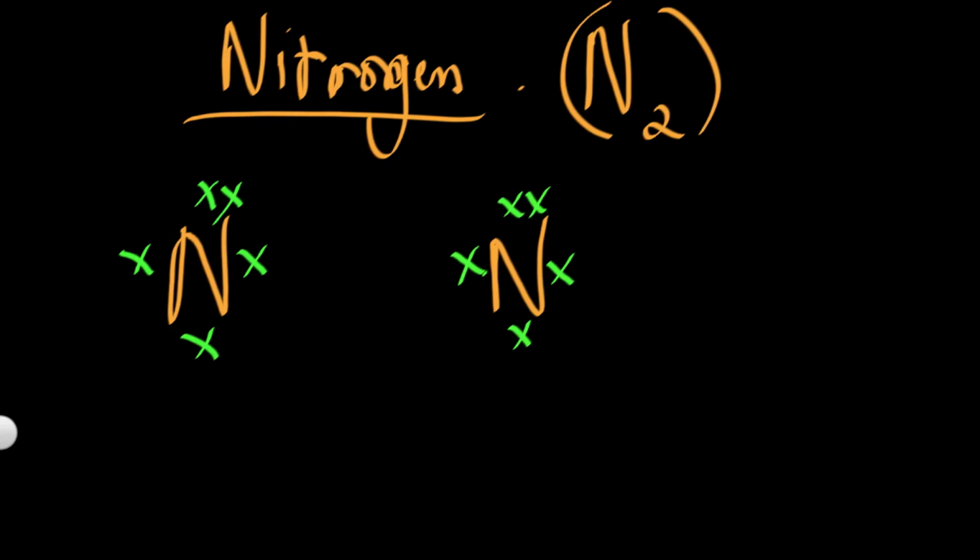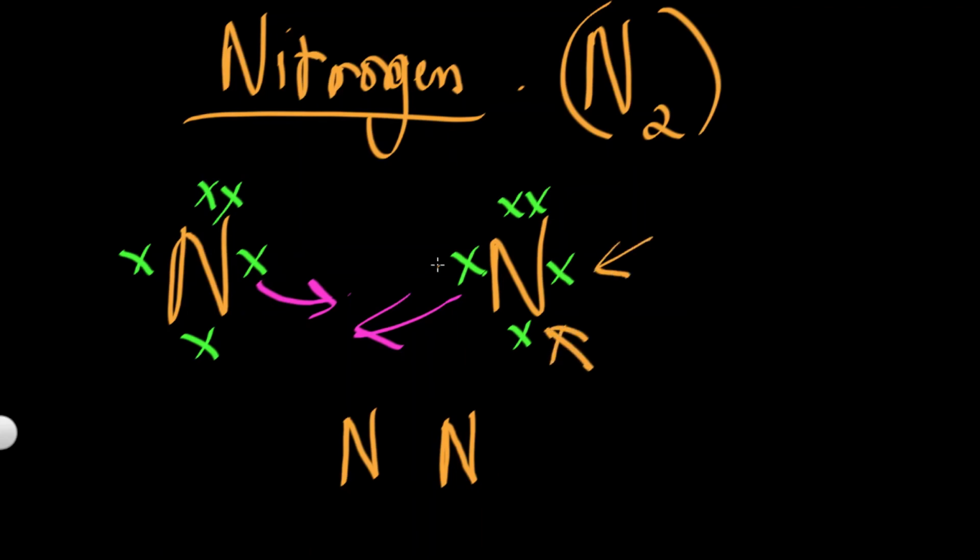Okay, we want stability here. So these two are going to come together and bond and form a molecule. This is what happens when they come together. So this will be an N and another N. These single electrons here, they are going to pair up, and that is the sharing.